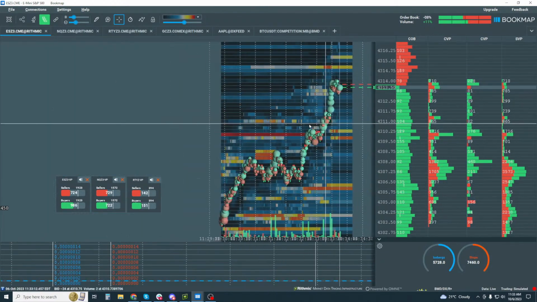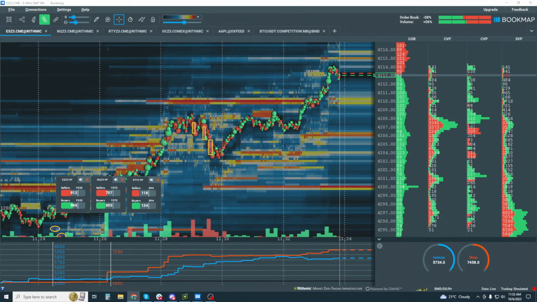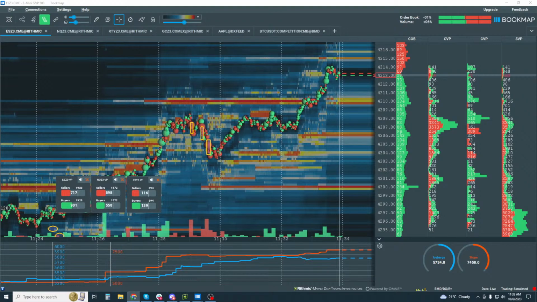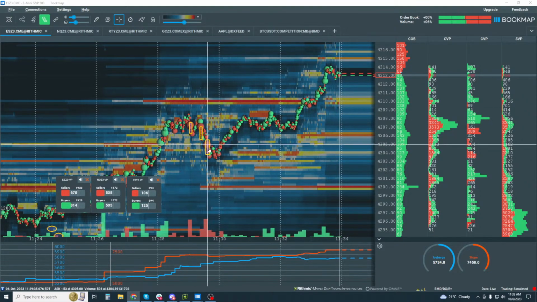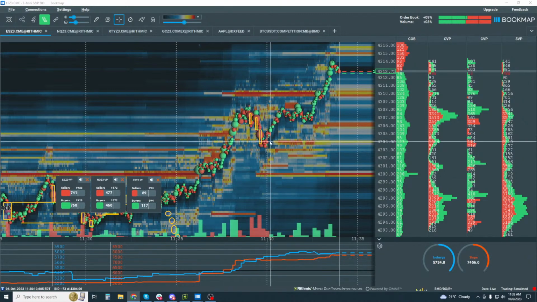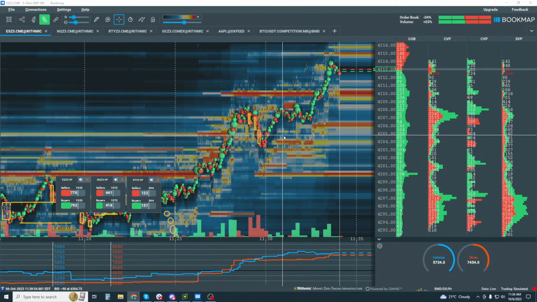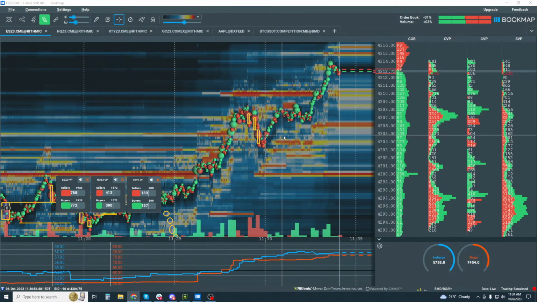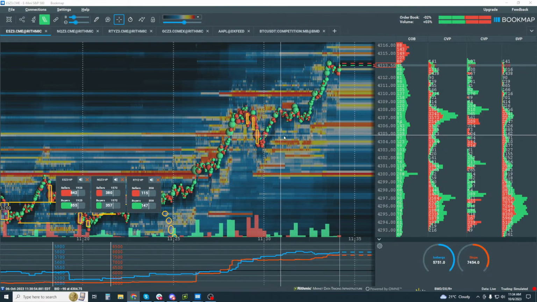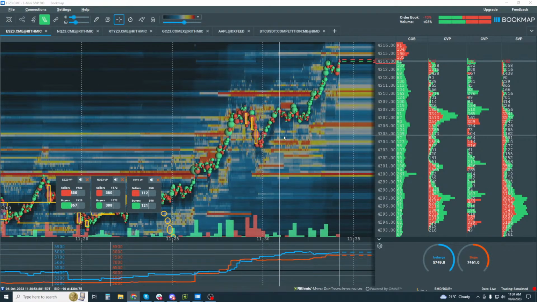All right, guys. Well, I gotta run, I've got another meeting to go to, a call to go to. But we went through a lot of different things in here, trying to focus on understanding this context between the liquidity and the aggressors, so that we can really understand what's happening within the market structure.